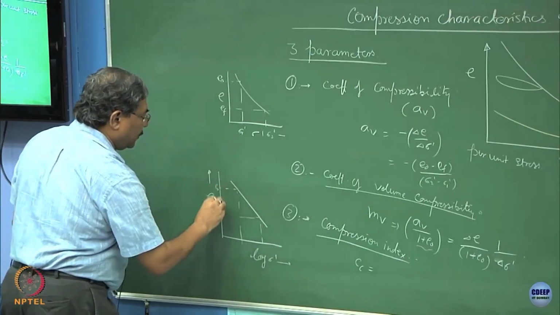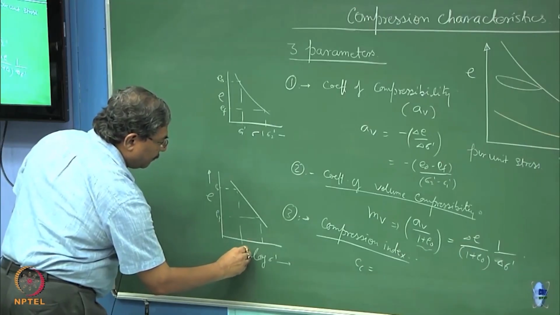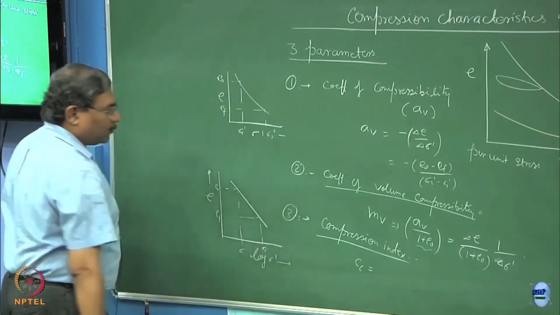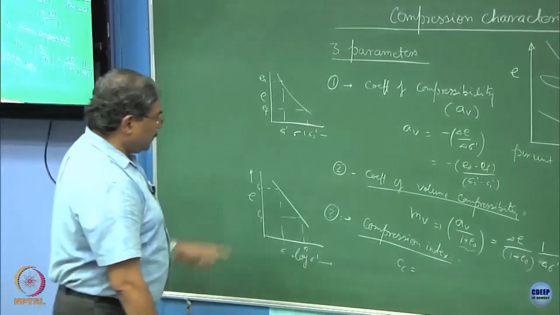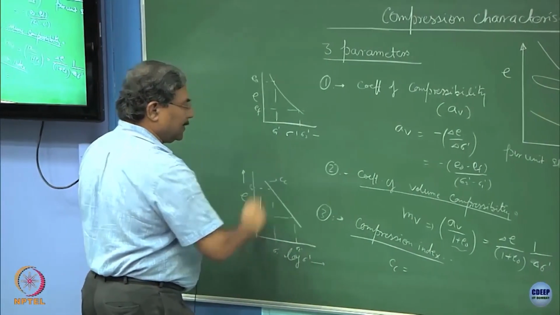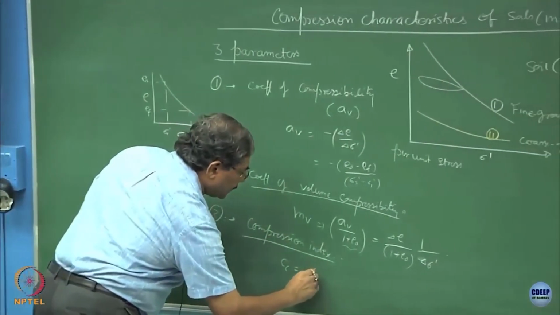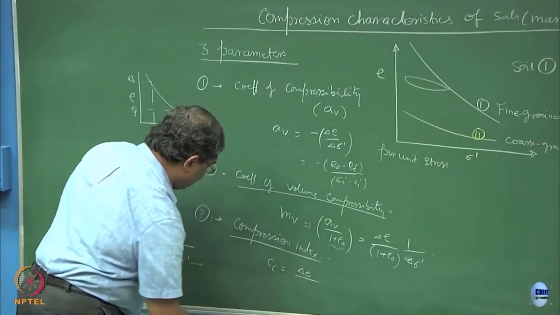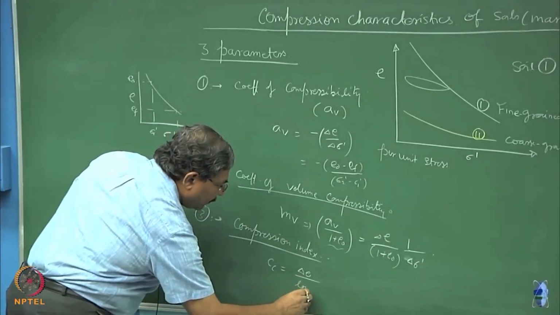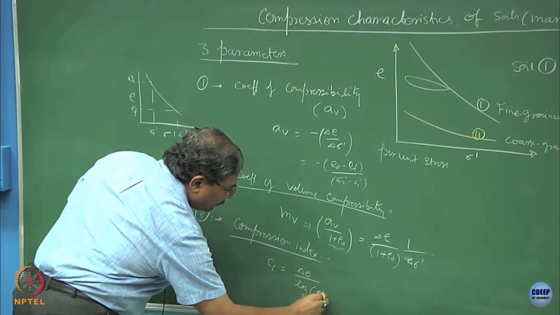This is e naught, ef, sigma 1 prime, sigma 2 prime. This is nothing but the slope of this curve. So, the slope of this line is Cc, compression index. So, this is delta e over log of sigma 2 prime upon sigma 1 prime.